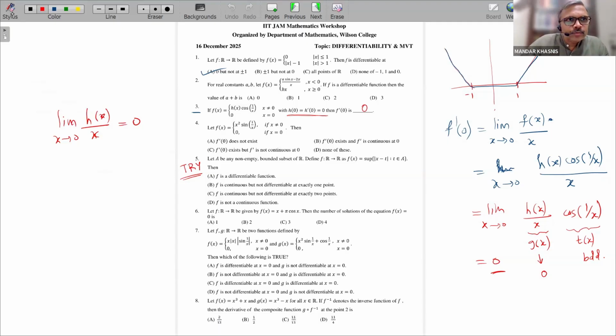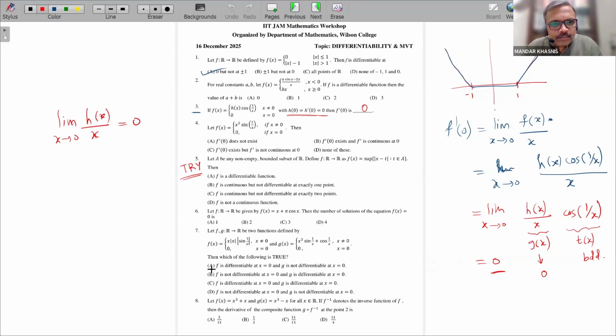So let's move to the eighth one. What do you think? Can you manage it? Yes, I will manage. Okay, fine. So basically, what you try is the derivative of f dash.